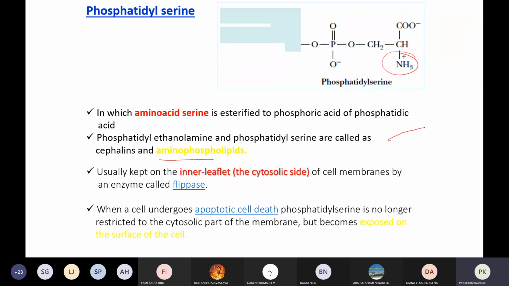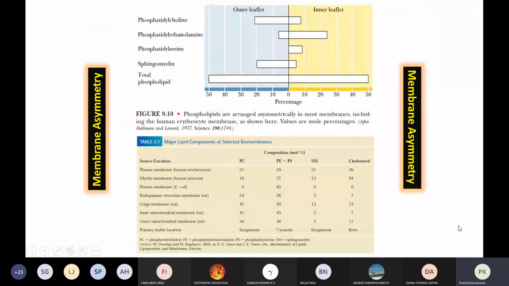Because we know that this is the lipid bilayer, it has the inner half of the bilayer, this is the inner leaflet, and this is the outer leaflet of the bilayer. So the phosphatidylserine is mainly present in the inner leaflet of the bilayer.